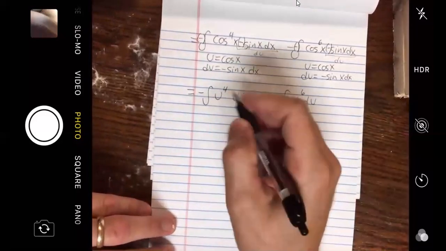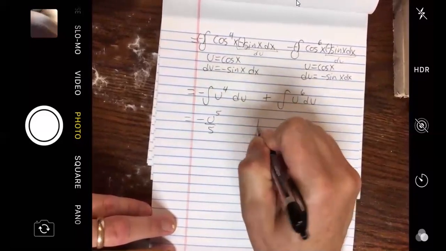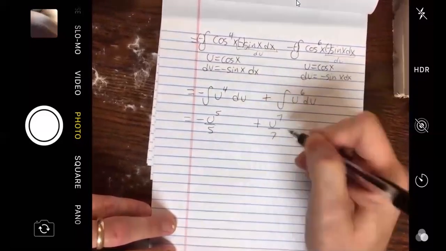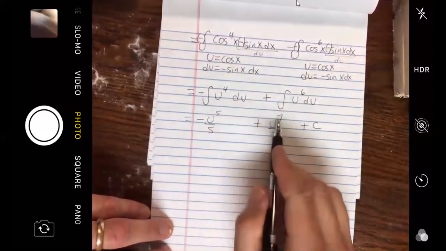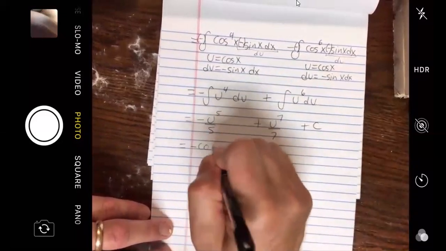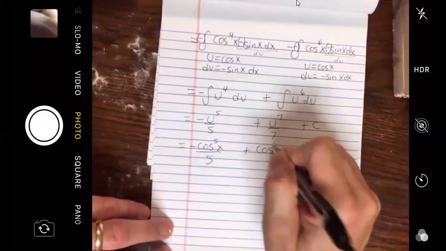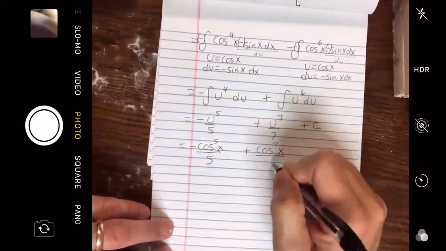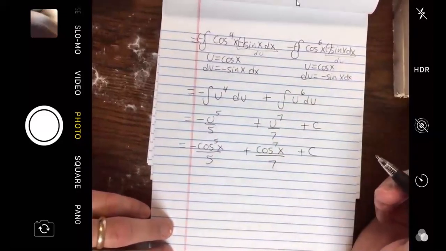Add 1 and divide by that. So that's a negative u to the 5th over 5, add u to the 7th over 7, plus c. And in both cases, your u is cosine x. Negative cosine to the 5th x over 5, add cosine to the 7th x over 7, plus c.